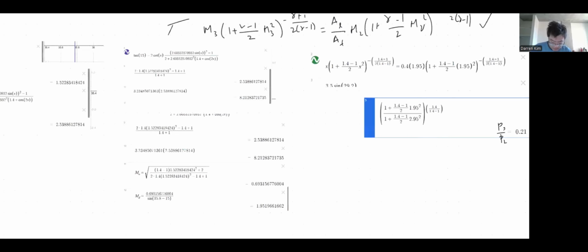This is, I believe, P2 over P1, if I remember correctly. Yes, I think that is P2 over P1, but I don't quite remember. 8.2, yes. Over here is intermediate steps, so we're just going to let it go. That's good enough. We'll move on.